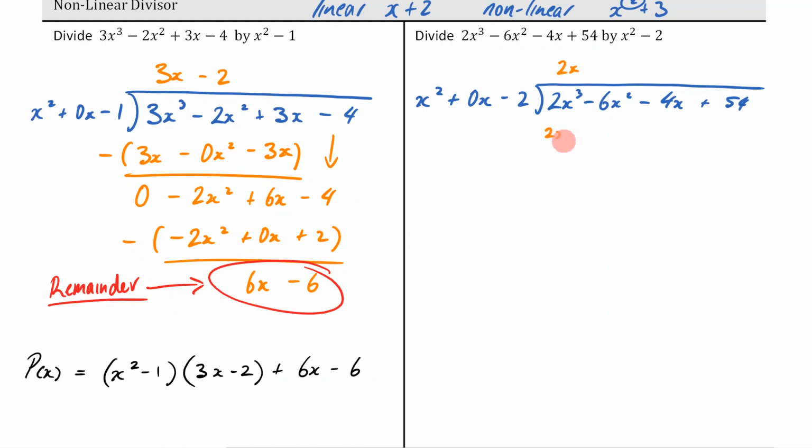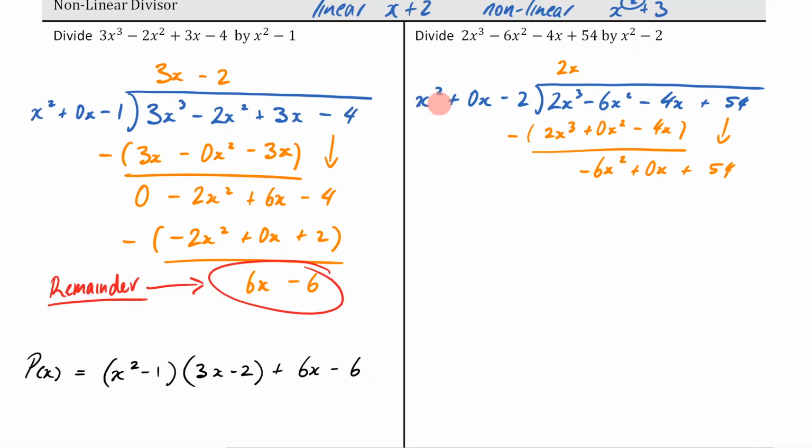Then I multiply out 2x cubed. This is going to be plus 0x squared. This is going to be minus 4x. This minus. This is going to go away. This is going to become negative 6x squared. Now I'm going to get negative minus is a positive. This is going to be 0x here. And I bring down this 54.